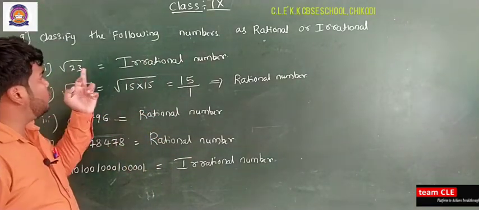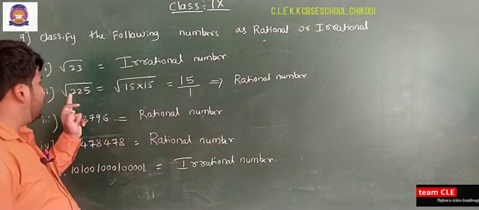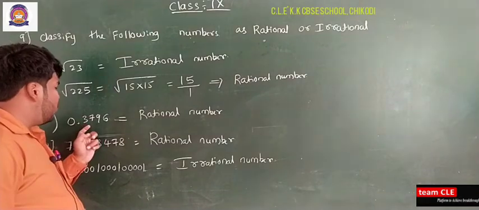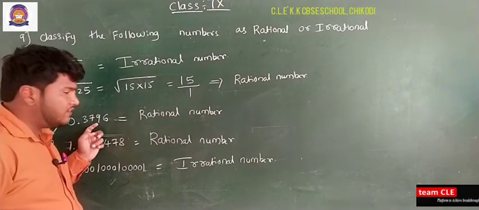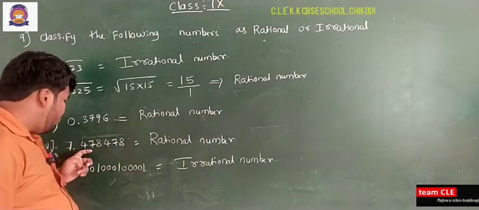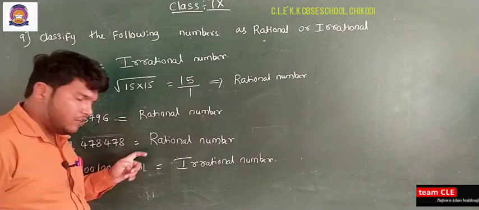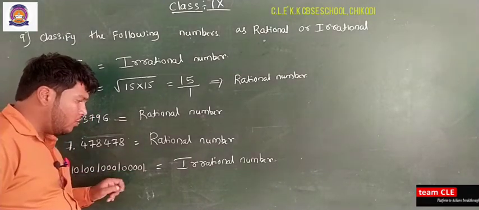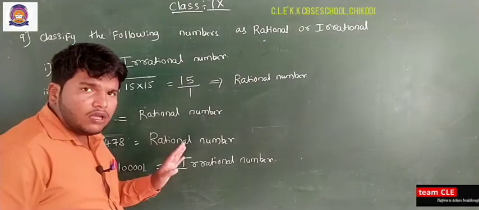Root 23 is an irrational number, root 225 is a rational number, 0.3796 is a rational number, 7.478478 is a rational number, and 1.1010100 is an irrational number.